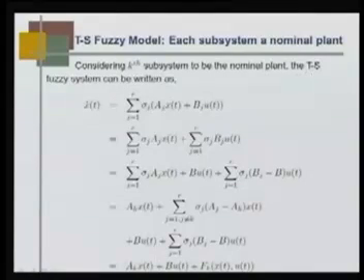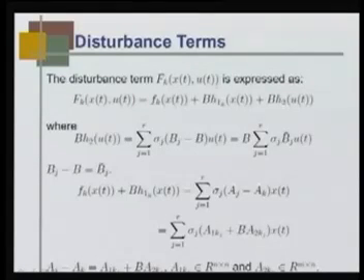Considering the kth subsystem to be the nominal plant, the T-S fuzzy system can be written as this particular one, where x dot t is represented around the kth plant, the plant associated with the kth rule. Similarly, the way we did the disturbance term, f k can be written in terms of the disturbance term as we saw for controller 1.